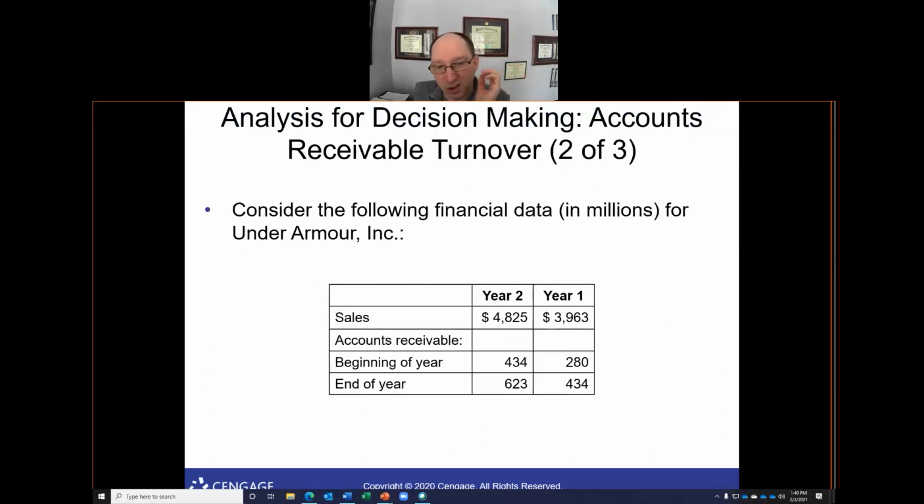You take your beginning of the year accounts receivable plus your end of the year accounts receivable, and you divide by 2. Why divide by 2? That's how you get an average: you divide by the number of factors. So beginning of the year plus the end of the year divided by 2 gets you your average accounts receivable.